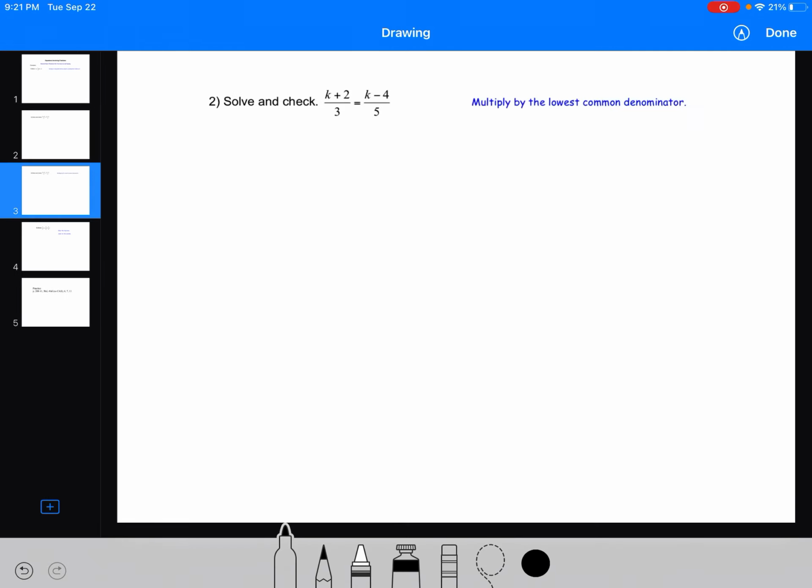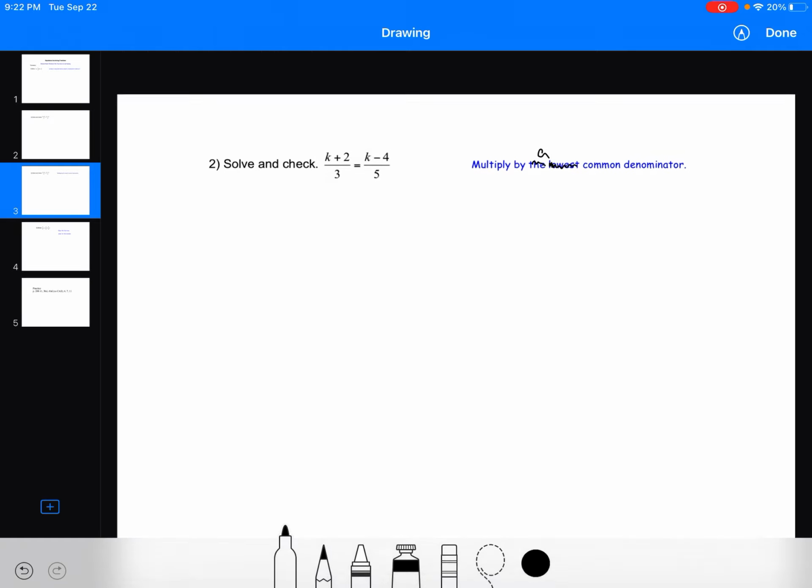Okay, we only have 2 more questions. We're going to do this question again, but we're going to do it a different way. We're going to multiply by the lowest common denominator. You could really multiply by any denominator and then reduce afterward, but let's multiply by a common denominator. Okay, so if I multiply by 15 here, if I do 3 times 5, that's a common denominator.